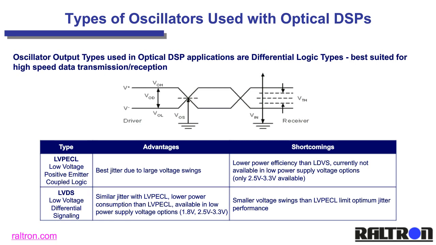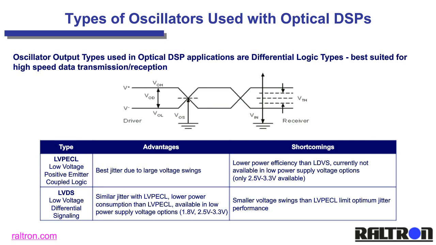The shortcoming is that the voltage swing is less than LV-PECL, so the jitter is very good, but not exactly as good as LV-PECL. So the designer must choose between the two types according to the nature of the application.